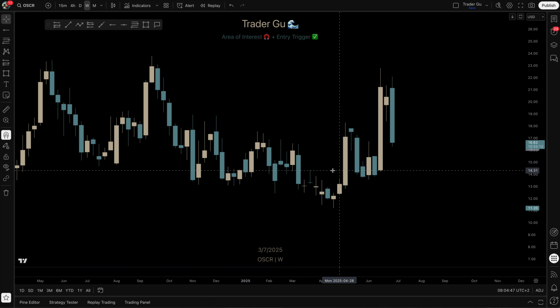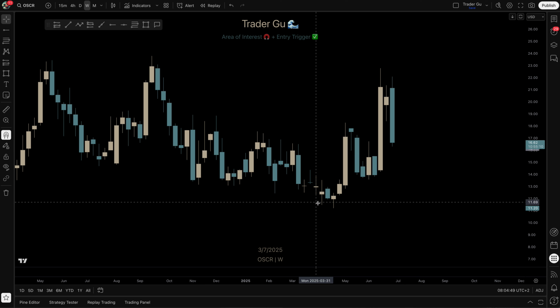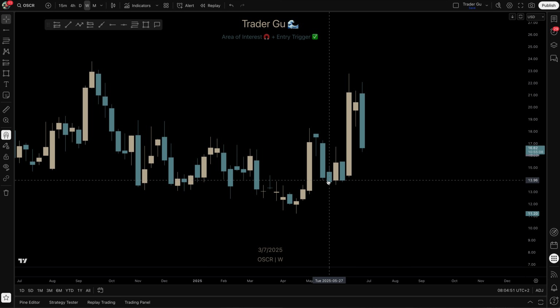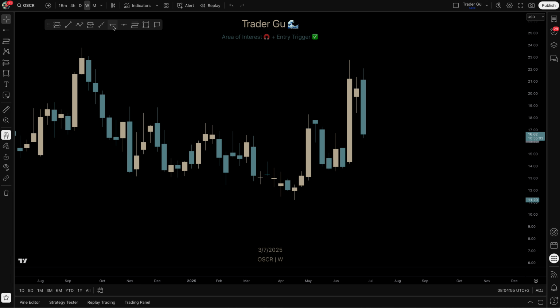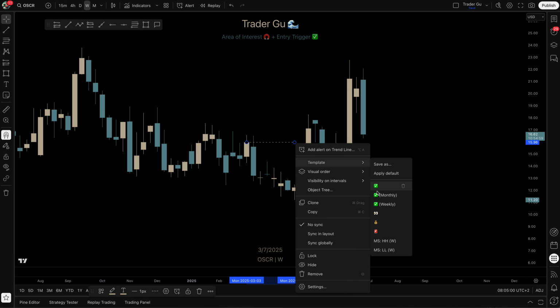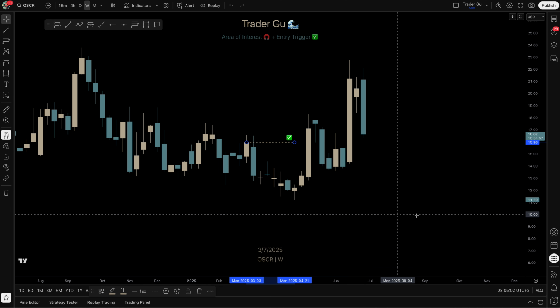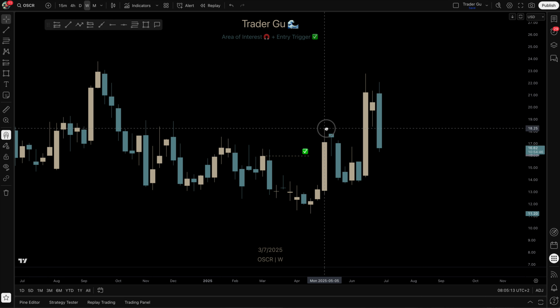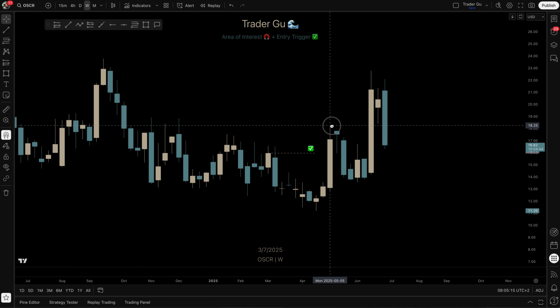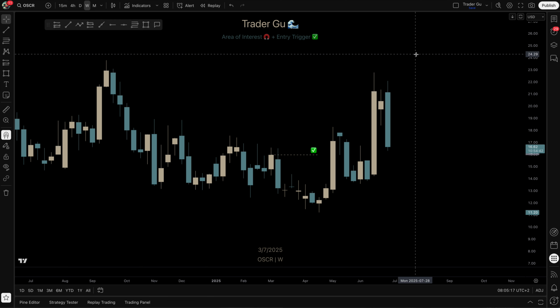And then in this area here, this is where we had the market structure shift. And once we closed above this level here, once we closed the weekly candle above $16, so this was in May this year, that is, at least from my perspective, that is where we are making a market structure shift or bullish reversal to the upside.